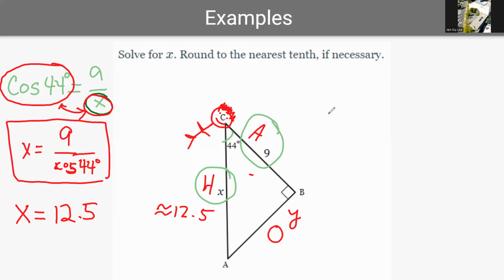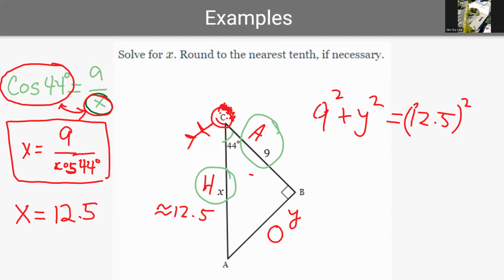That equation would be 9 squared plus y squared equals 12.5 squared, and then do the algebra to figure out what y is. Or you can use sine, tangent, or the other two ratios that we did not use to figure that out. Okay, it's up to you.